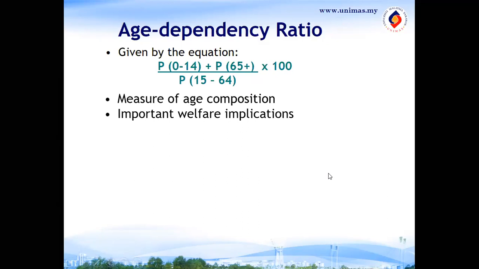And it has some important welfare implications definitely. Kerana apa? Kerana kalau lebih ramai, contohnya yang berumur 65 tahun ke atas, maka keperluan kumpulan ini adalah sangat tinggi lah, ya. For example, if there are more people aged 65 and above, let's say a lot of people are umur 80, 70 lebih dan sebagainya, the tendency is that these people need special care, health facilities dan sebagainya.